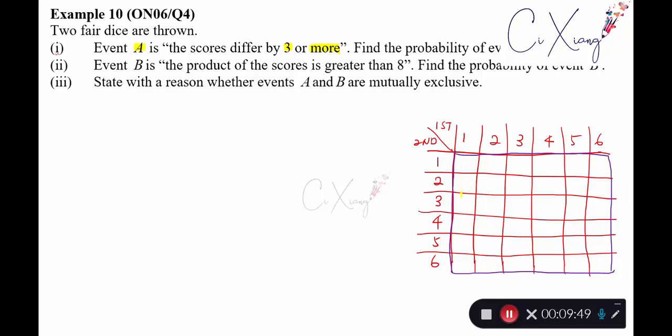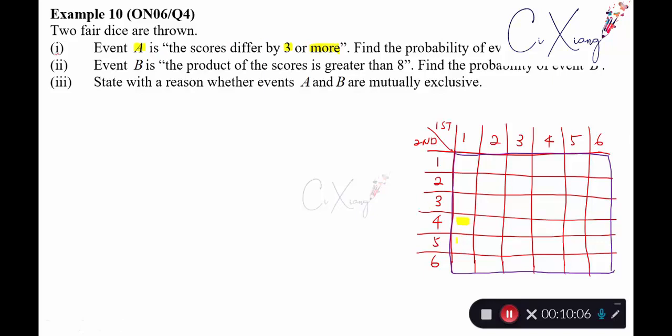If you continue to check slowly, you will see that this is actually the cell that I want. This belongs to event A because 4 minus 1, you get 3. So it fulfills the definition for event A, which is the score differ by 3 or more.